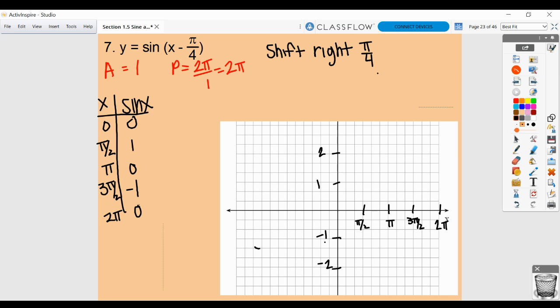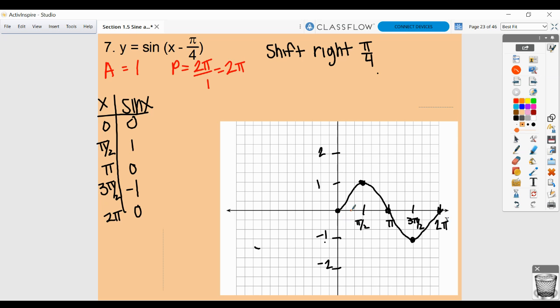Okay, now the only thing with this shift right, pi over 4, is that it means you are going to graph this original function. And then since you are shifting right pi over 4, you're literally going to be picking these up and moving them. Now think, where would pi over 4 be?